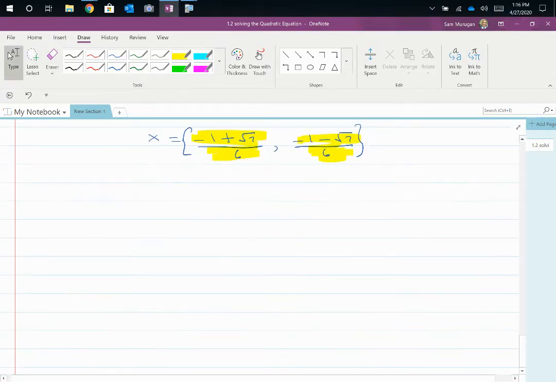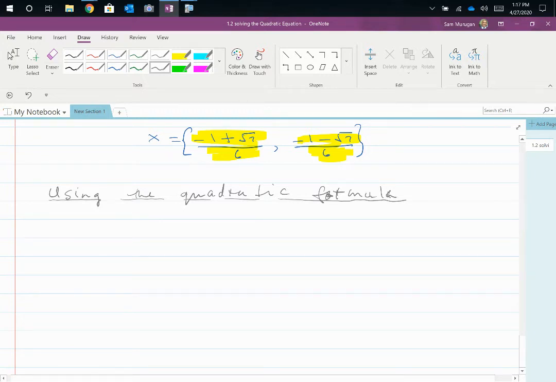All right, so now we're going to look at using the quadratic formula. And I know that this is not your first experience using the quadratic formula. It's just building on what you know already.